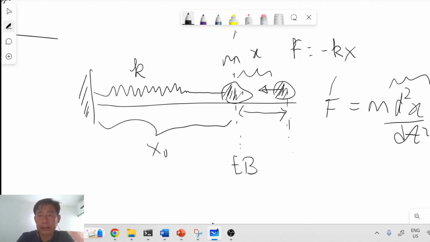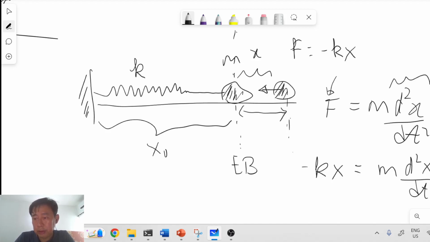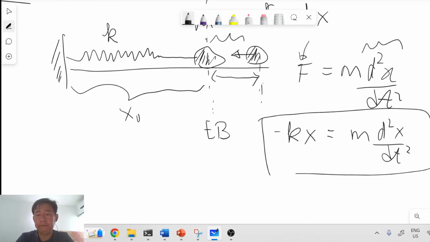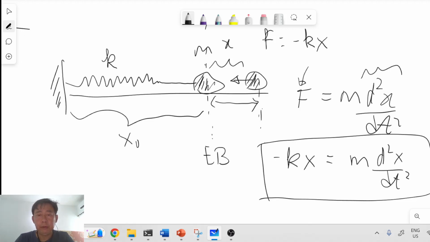The left hand side refers to the restoration force, and the right hand side refers to the acceleration. This is a second order differential equation, which is just a different form of Newton's law, obtained by slotting in the expression of the force from the spring acting on the particle.